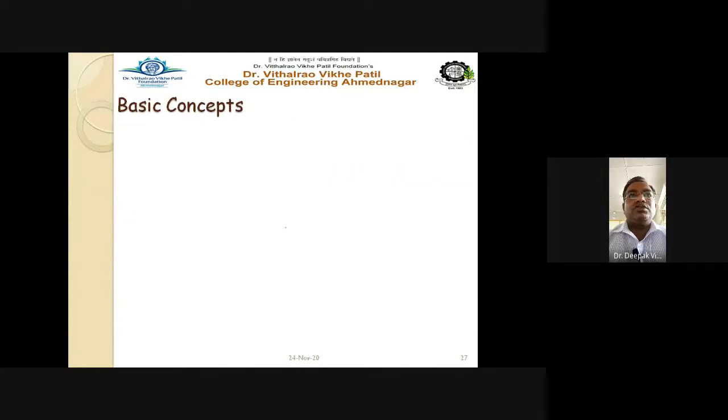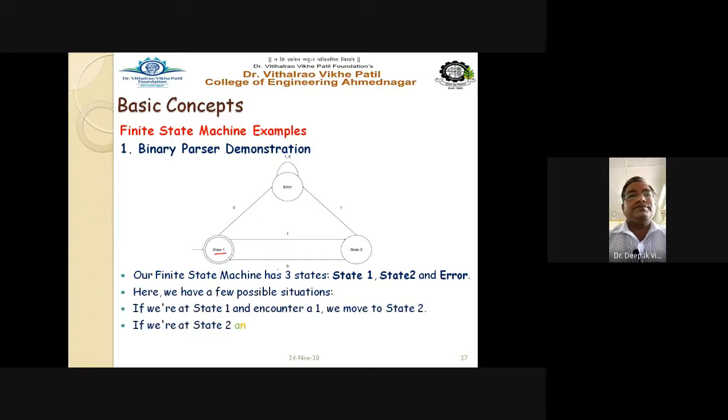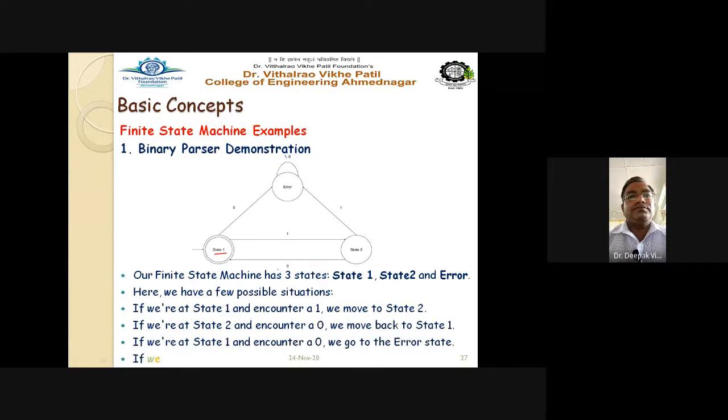So how to draw the FSM? Just see here. Start drawing with the state S1. We have three states: state 1, state 2, and suppose an error state, right?